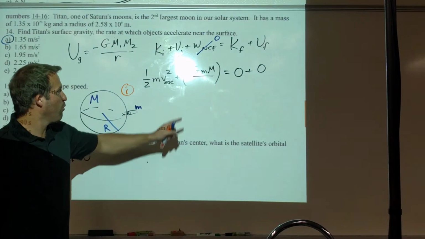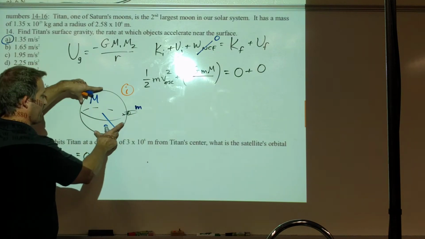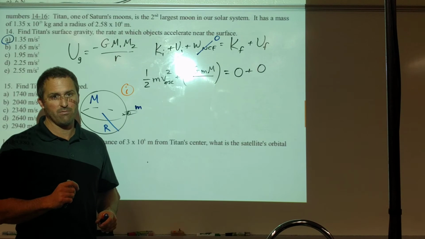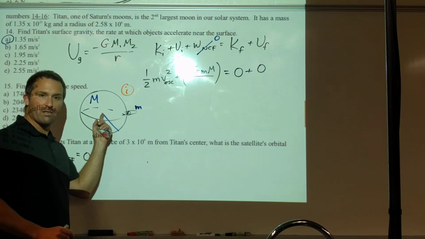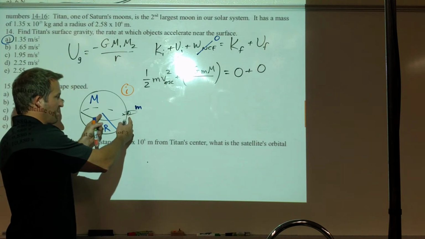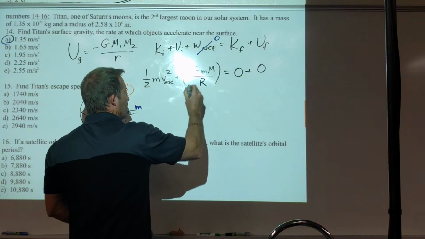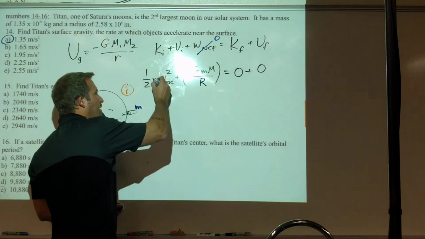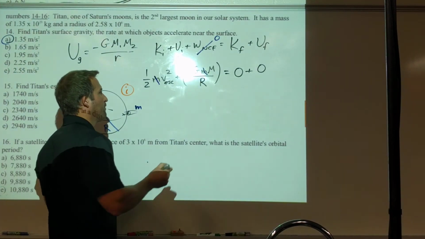And initially, what is the distance between the two objects? Again, it's very close to the surface, but the distance isn't zero. We do an equivalent problem. We take all of Titan's mass, focus it at the center. And so the initial distance between these two objects is the radius of Titan. And so we can divide through by the rocket's mass, and we can get the result for the escape speed.